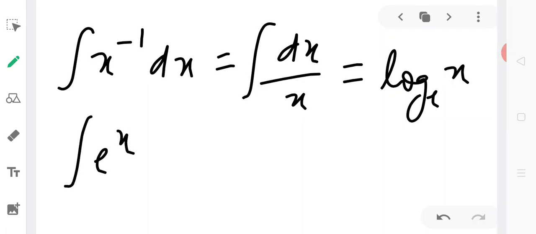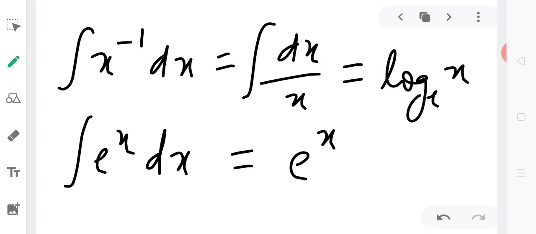Another important integration is this one. So in this manner we can have many important fundamental formulas of integration, and you need to remember the standard integrals so that it becomes convenient for you to apply those results straight away when doing any derivations.